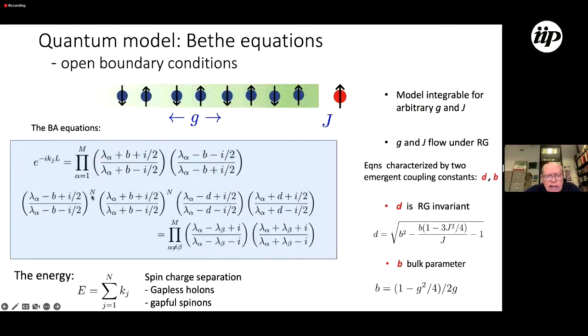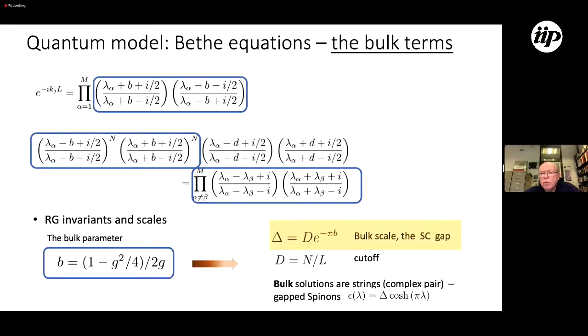So this n is the number of electrons. The second one is a single impurity, and this is the scattering between impurities. Okay. So they all have a B. Yes, exactly.